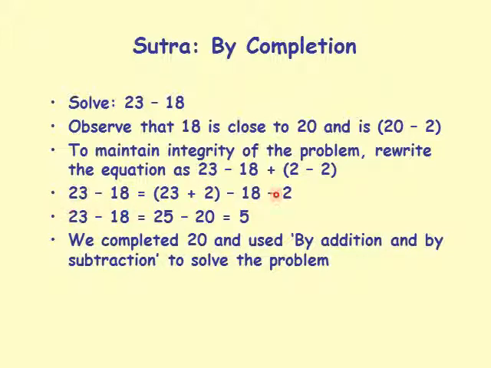So what we did is, by adding and subtracting 2, we replaced the problem 23 minus 18 by an equivalent problem of 25 minus 20. We completed 20 and used by addition and by subtraction. Our intent was by completion. Our means to accomplish that was by addition and subtraction.